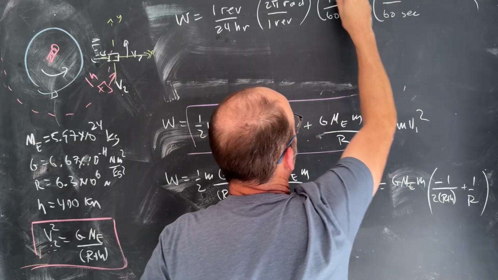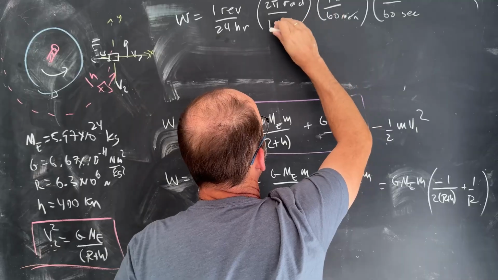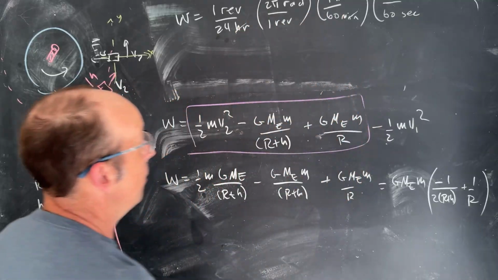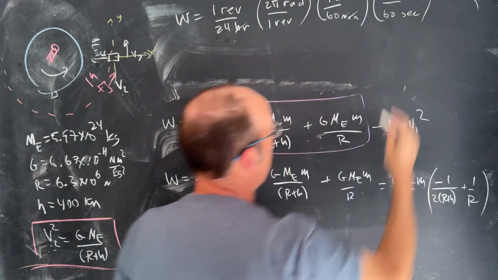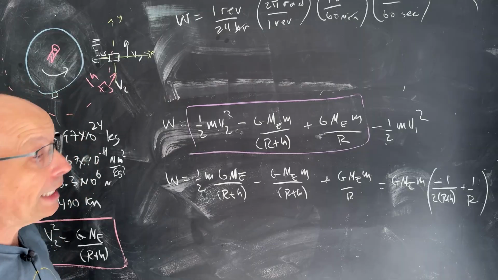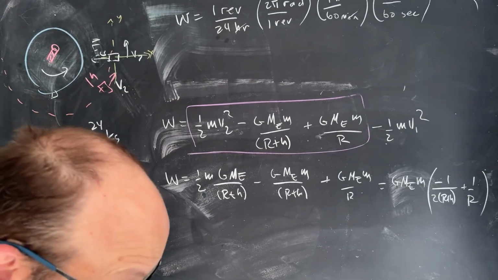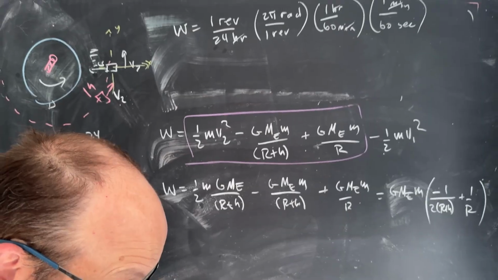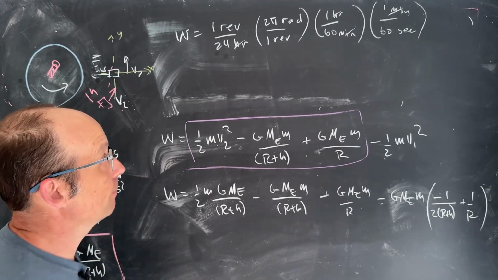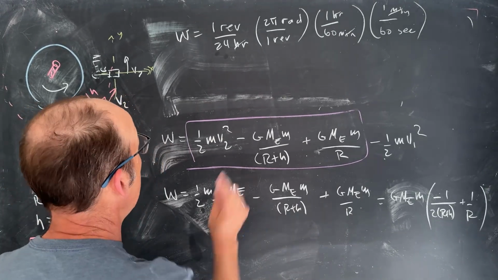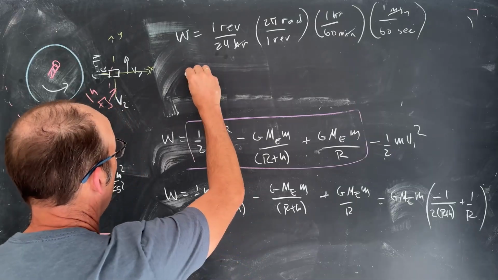So the minutes cancel, the hours cancel, and I get my angular velocity in radians per second. Now you can see it. Okay.